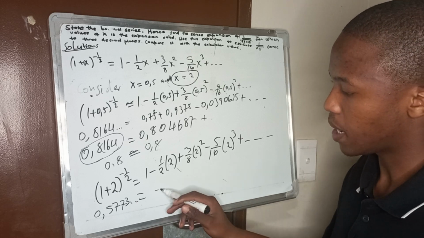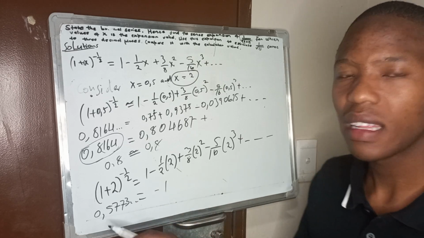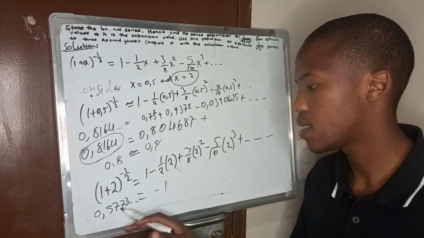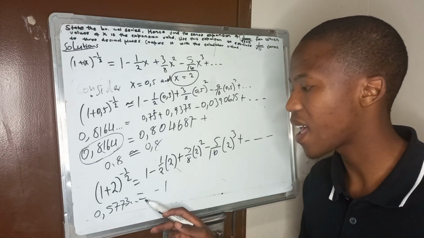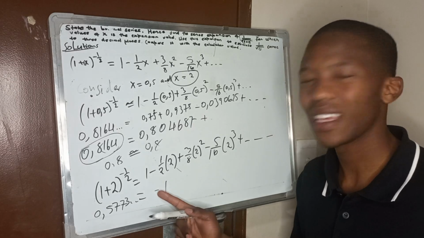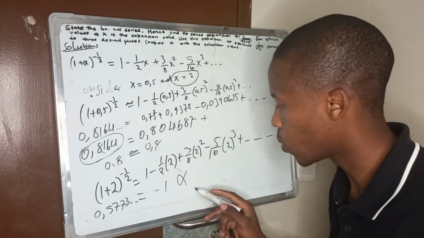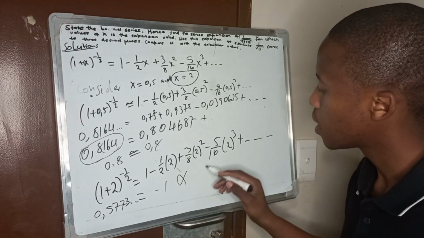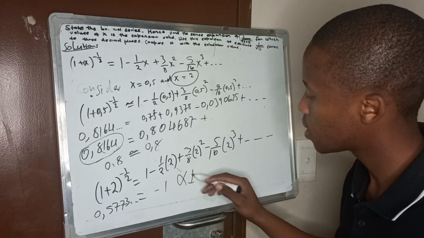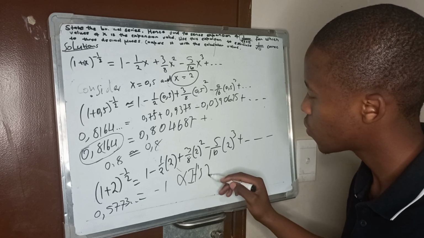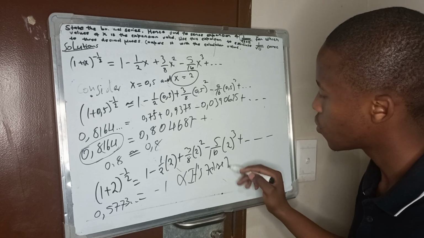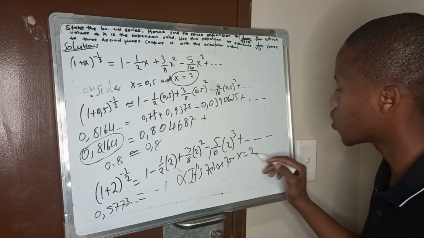Then I get -1. Is there a way that 0.57 or 0.6 can ever be equal to -1? No, it's a big no. So it's false for x equals 2.